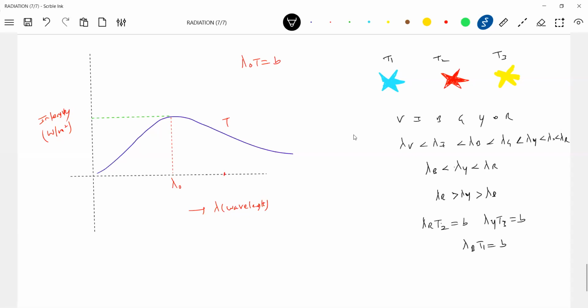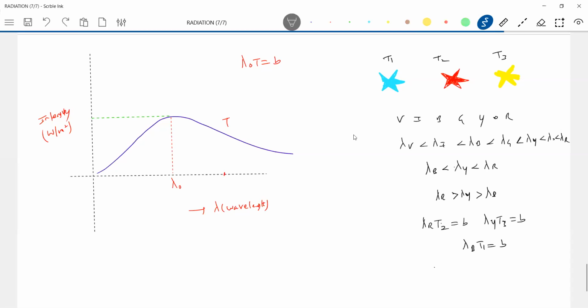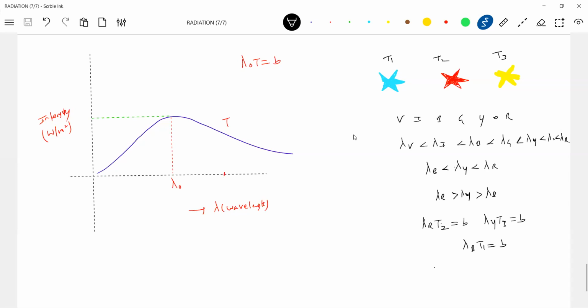Can you say anything about these temperatures? Which will be at high temperature: the blue star, the yellow star, or the red star? Blue, no? So T1 is greater than T3 greater than T2. Intentionally I'm writing T2, T3 like this. So by looking at the appearance of a body, we can determine what its temperature can be.